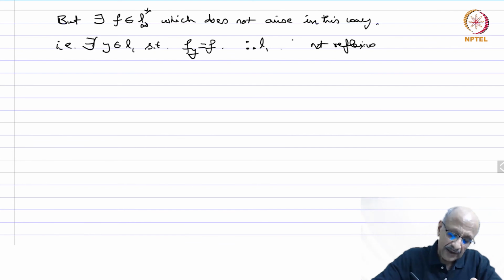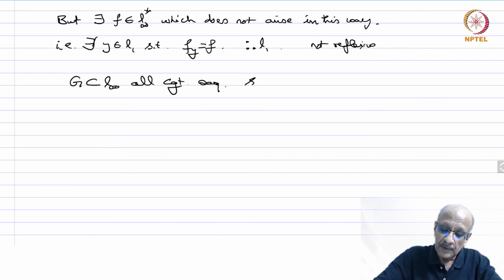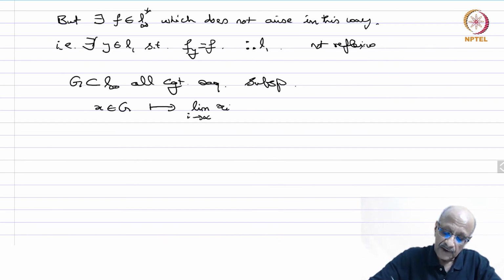So let us take G in L infinity, all convergent sequences. This is a subspace. If x is in G, you map it to the limit of x_i as i tends to infinity, and call this f of x.